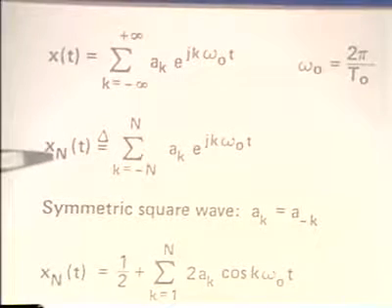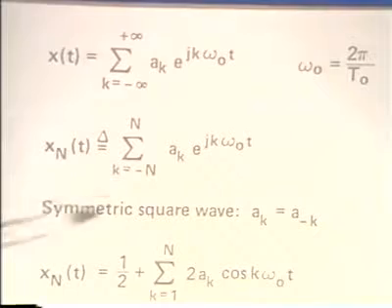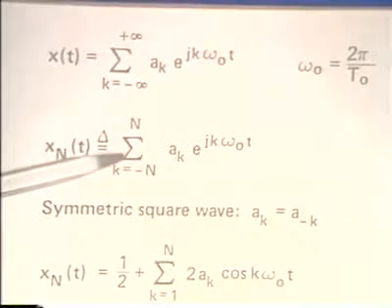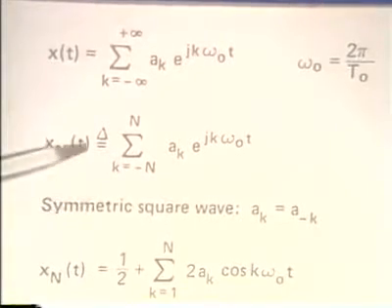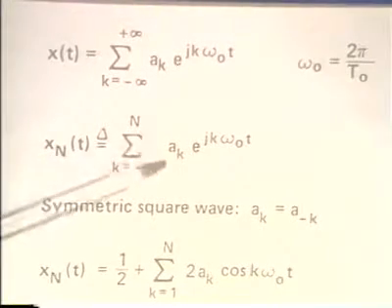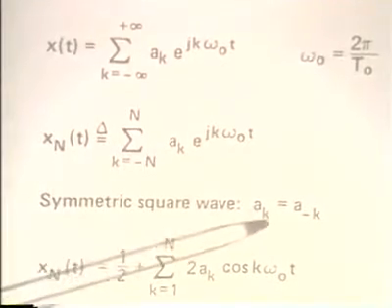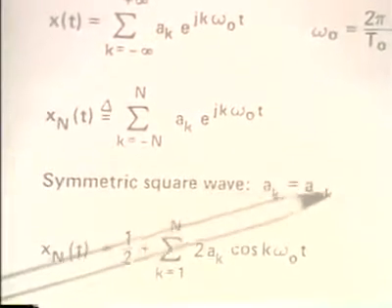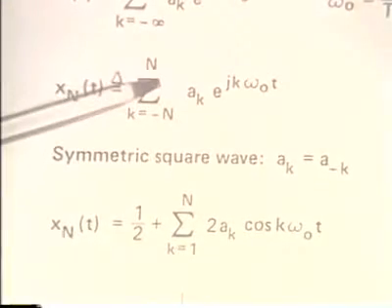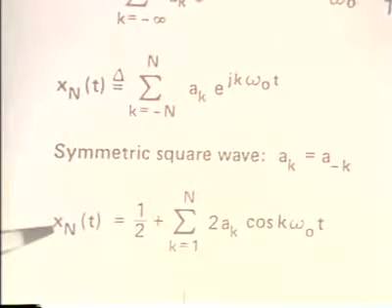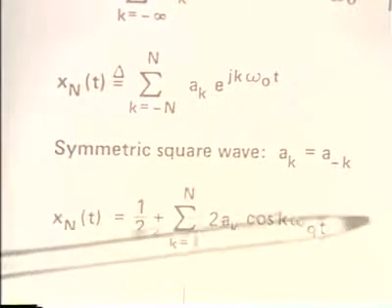And so x sub n of t, of course, as n goes to infinity, approaches the infinite sum that we're talking about. And although we could do this more generally, let's not. Let's focus on the symmetric square wave case, where because of the symmetry of these coefficients, namely that a sub k is equal to a sub minus k, we can rewrite these terms as cosine terms. And so this partial sum can be expressed the way I'm expressing it here.